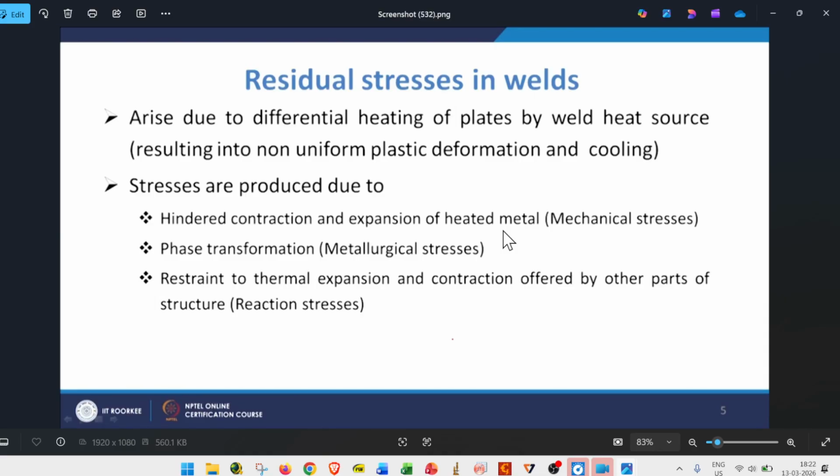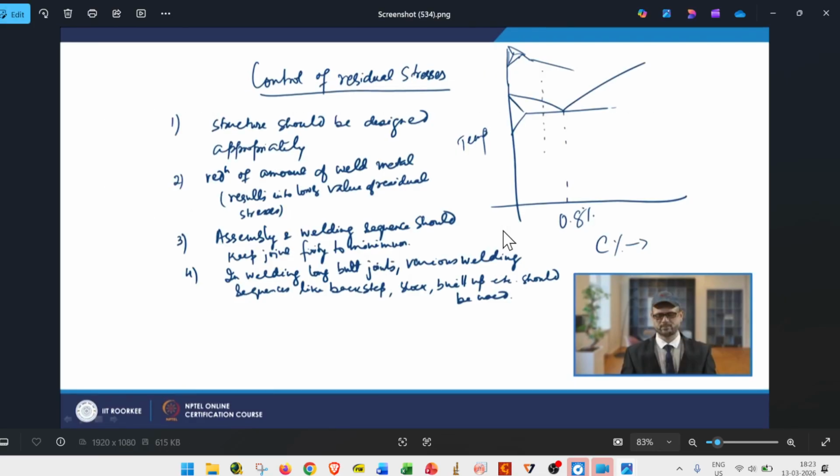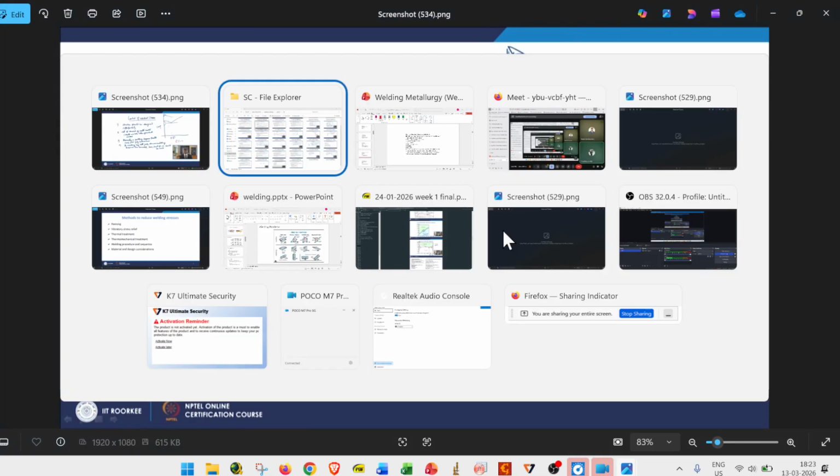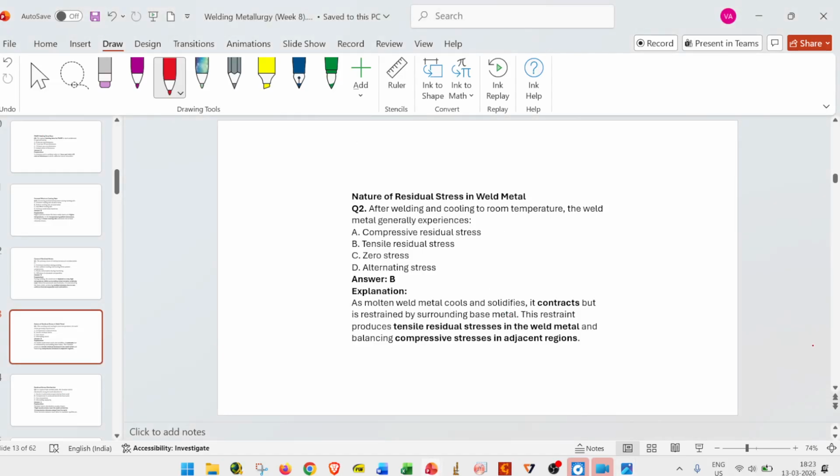That means if I am welding and the weld plates are fixed in a clamp, then during welding, because of the thermal expansion, the weld plates cannot expand further because of the clamps. Because of that, it will generate some other residual stresses. So based on this, we can see some of the problems, then we can discuss further.